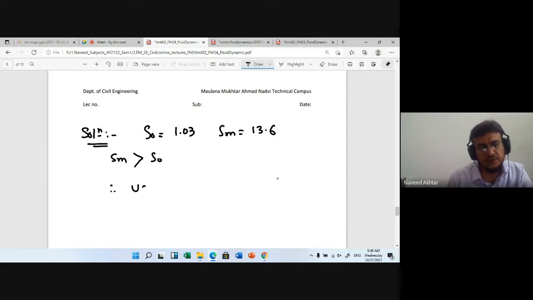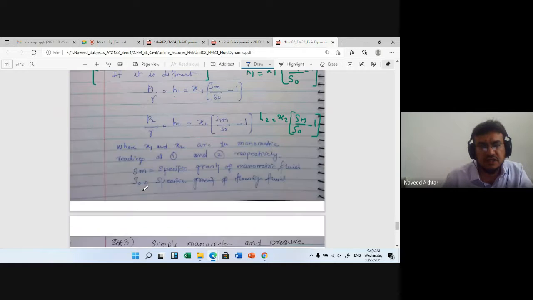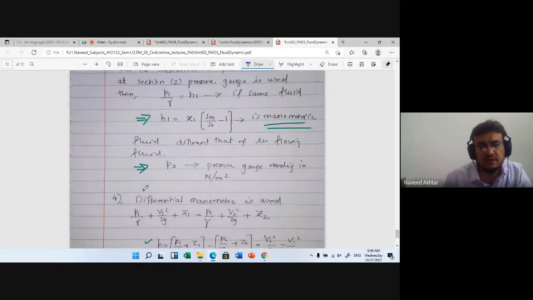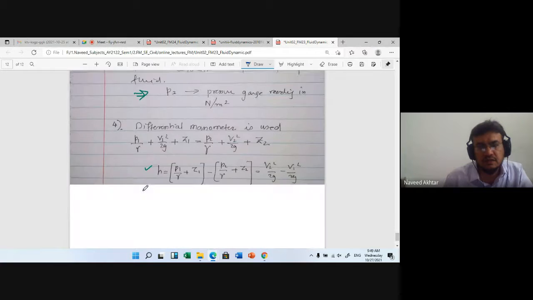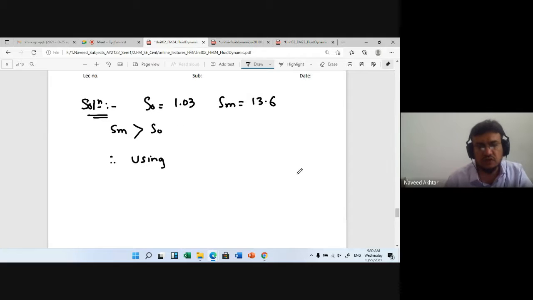You can see the hint given before. Since SM is greater than SO, we have to find out H using this formula: H is equal to X into SM divided by SO minus 1.